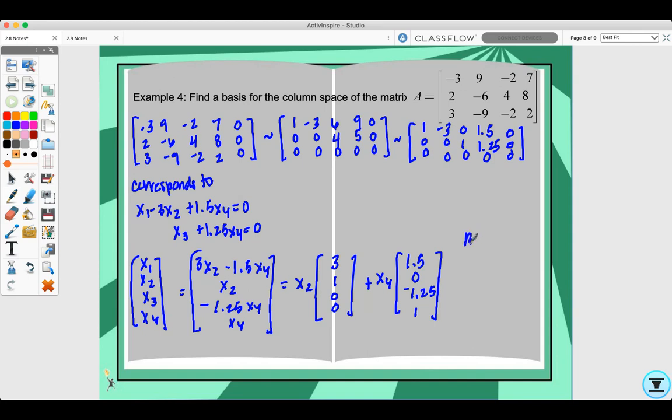So my basis would be 3, 1, 0, 0, and negative 1.5, 0, negative 1.25, 1.